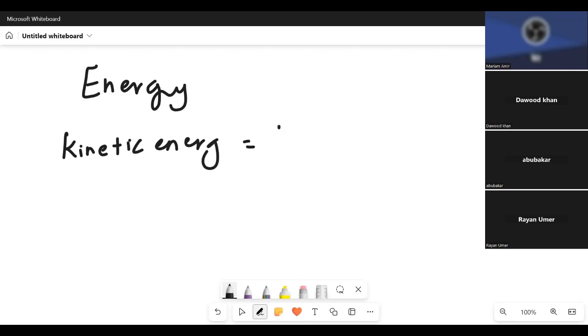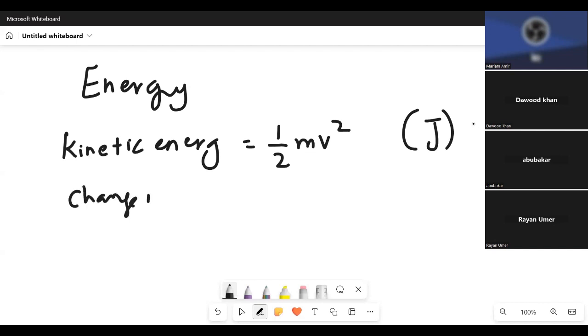Kinetic energy is half mv square. Its unit is joules as well. Most of the times you'll have to find change in kinetic energy, not just kinetic energy. Change in kinetic energy, which I'm representing as delta KE.